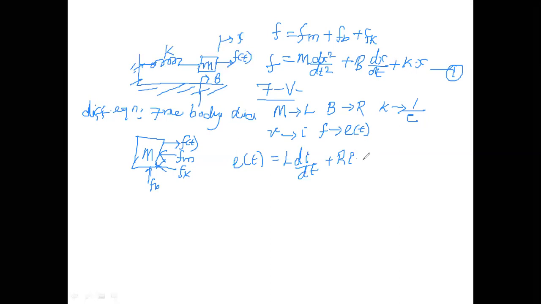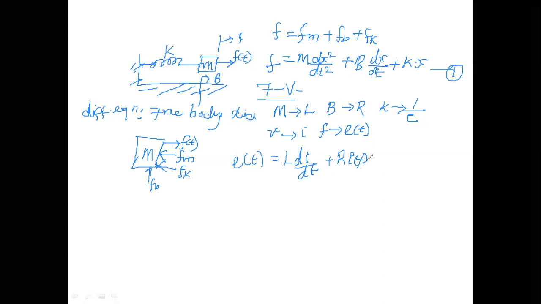So r into I plus, for the next element, see here, b goes with the velocity element. dx by dt represents velocity, and here d squared x by dt squared is there. That is why we have written it as di by dt, plus r into I of t.